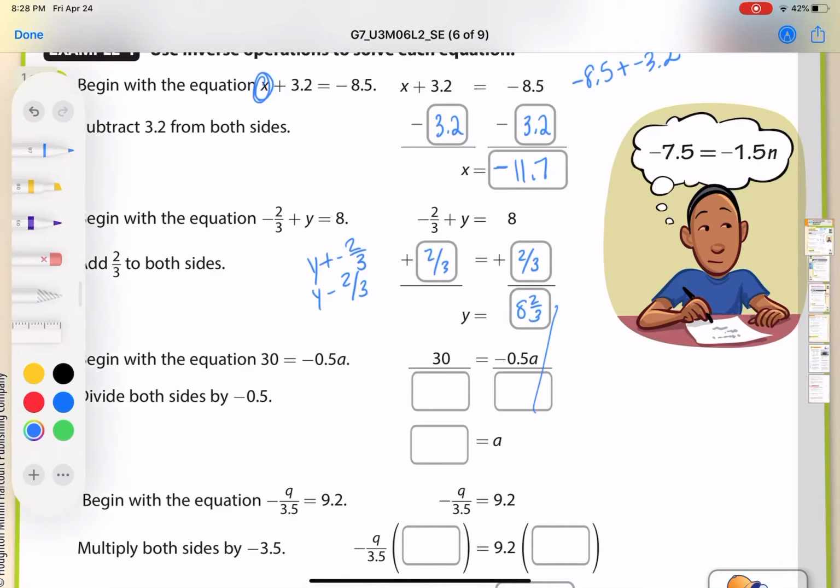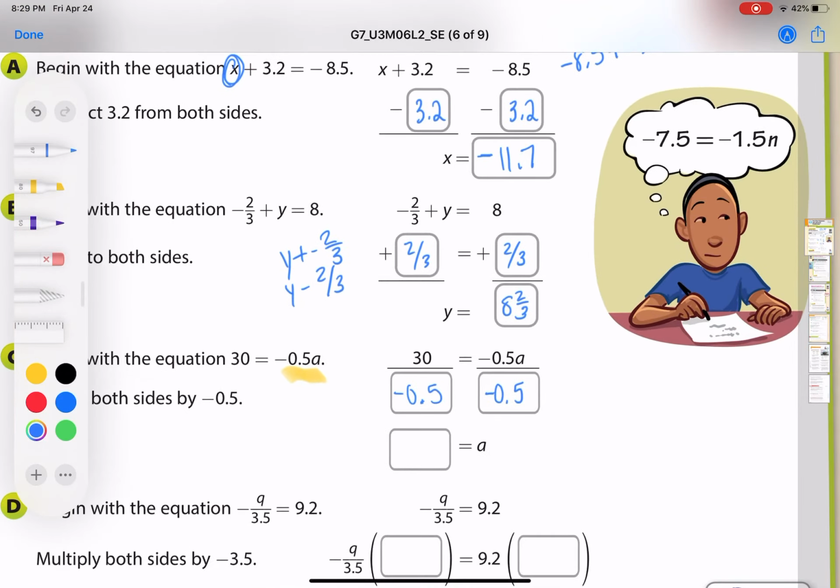Letter C, it says begin with the equation 30 equals negative 0.5a. In this case, we have multiplication. Multiplication's inverse operation is division. So we're going to divide both sides by negative 0.5. This is the type of problem you have done already when we did the percent proportion.